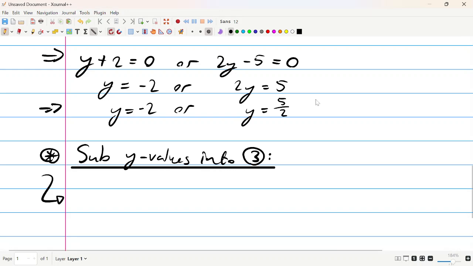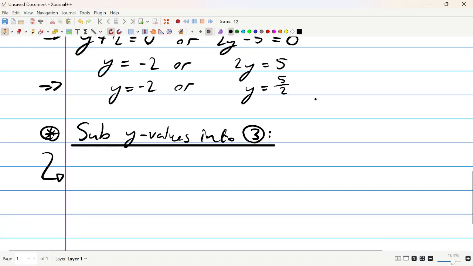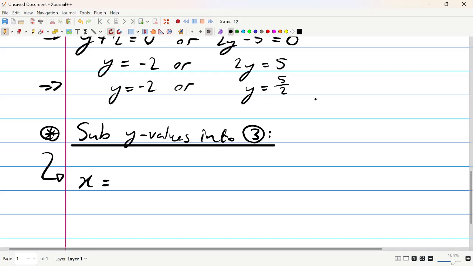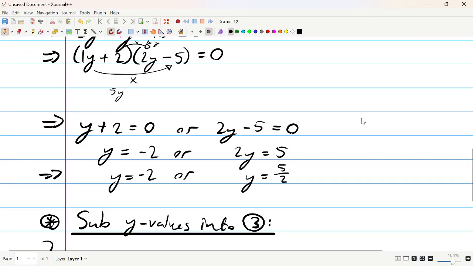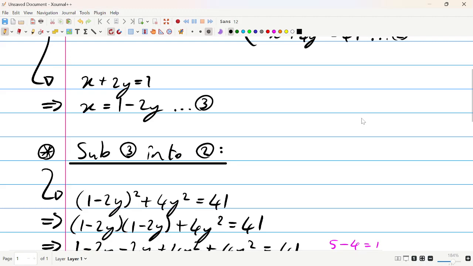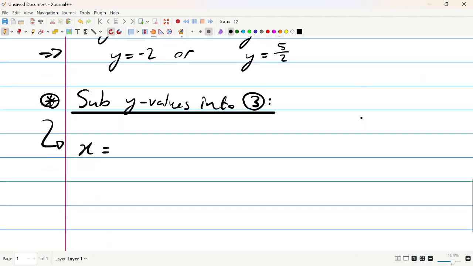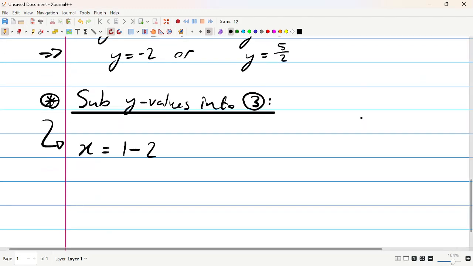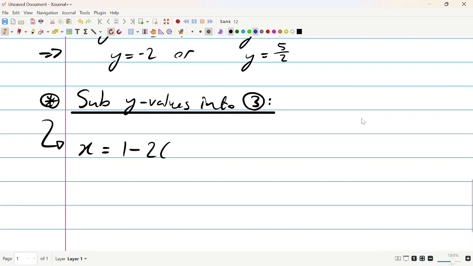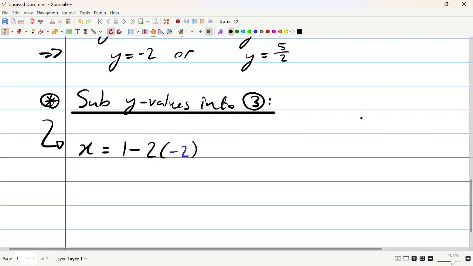And then from there, we will have x is equal to 1 minus 2y for each of them. So let's plug in negative 2. And then I also want to check with the other one, 1 minus 2 into 5 over 2.